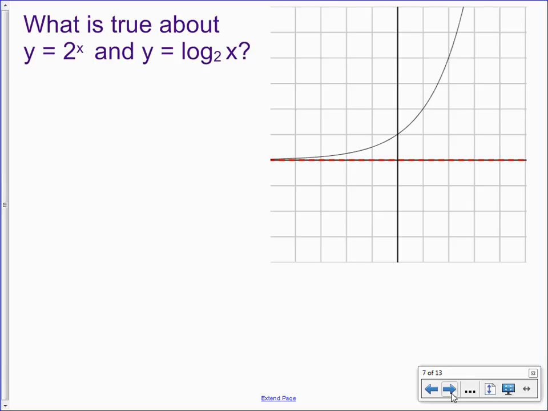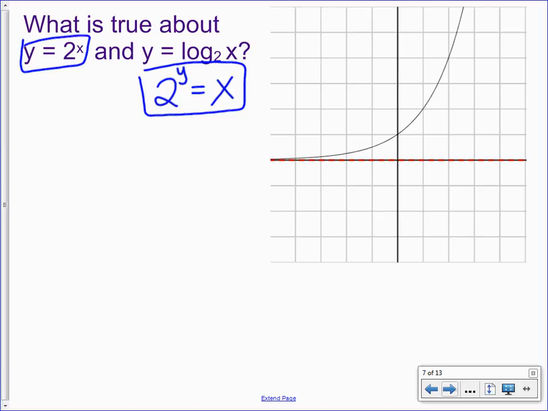Well, if we rewrite this, how would we rewrite it? 2 to the y equals x, right? Okay, look at how we rewrote this compared to this right here.